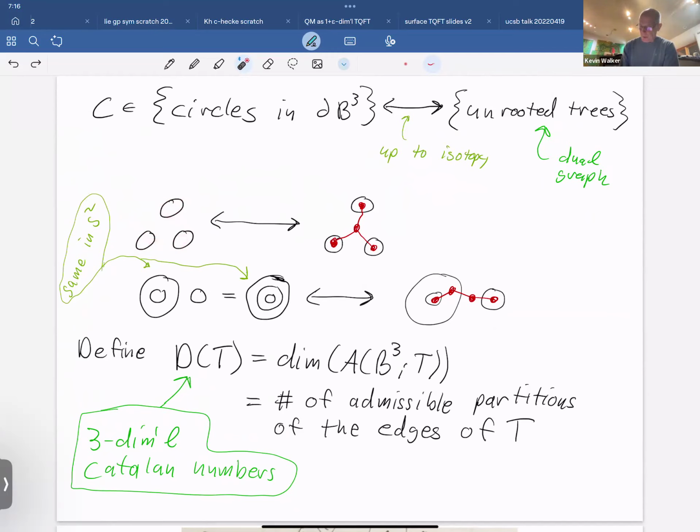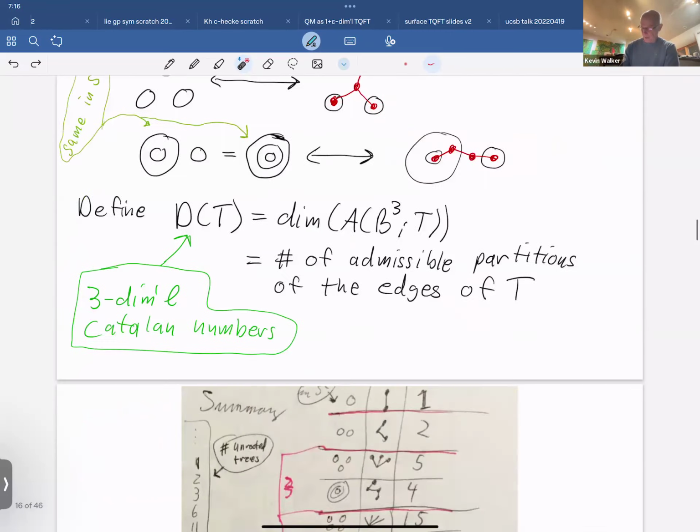But in this case, if I wanted to say that the innermost circle and the outer circle are joined together, and then I also want this middle circle to be bound to a surface disjointly from that, that's not possible. So the Catalan number associated to this tree is 4 rather than 5.